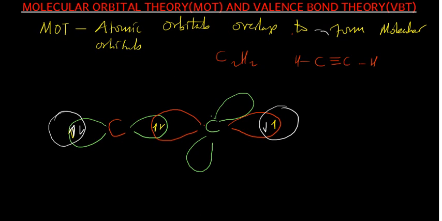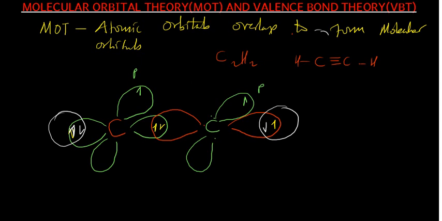And then we have another one that is not hybridized. That is another p. Maybe I'll use different colors. So this is an unhybridized p orbital. It has one electron. Let me also show the other side. So this is also an unhybridized p orbital. It also has one electron.